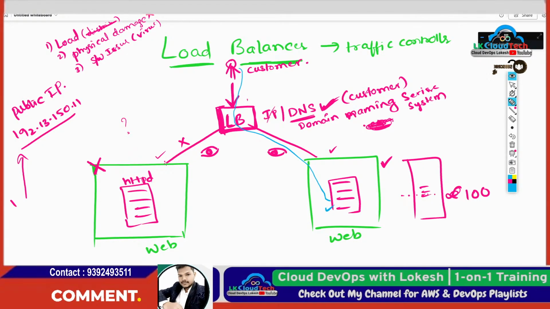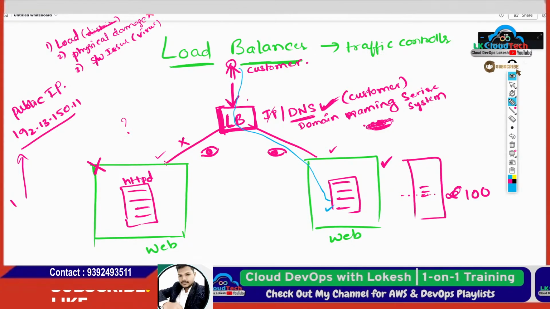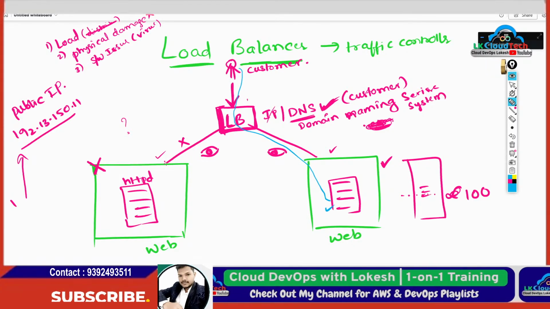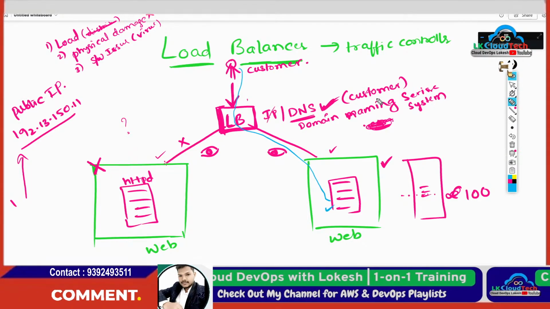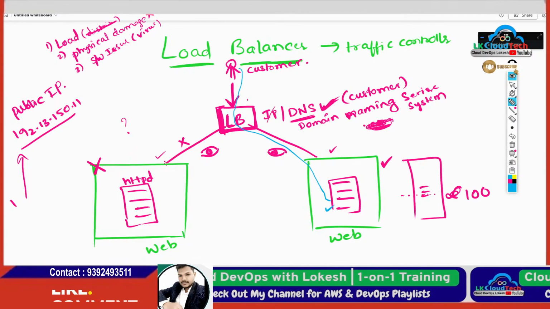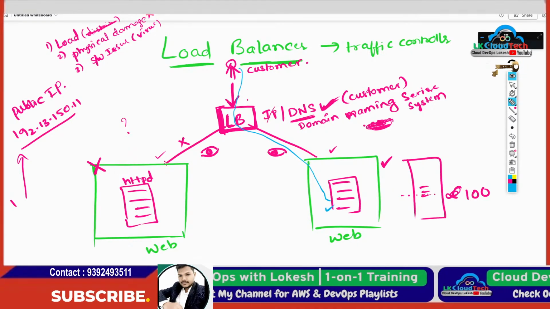So all the requests are handled by servers, or it will redirect the traffic to those which are up and running. We have two advantages: one, distribution of load, and second, it will check the health of the server.